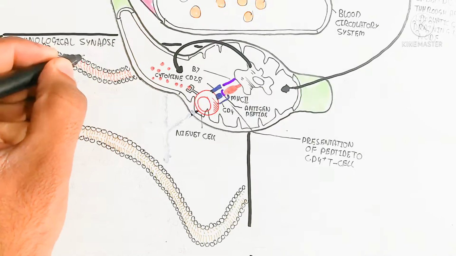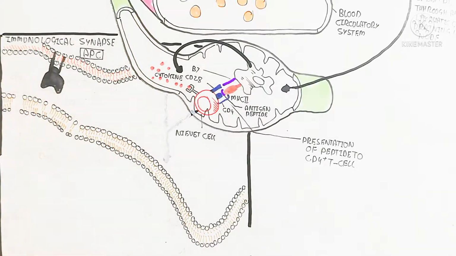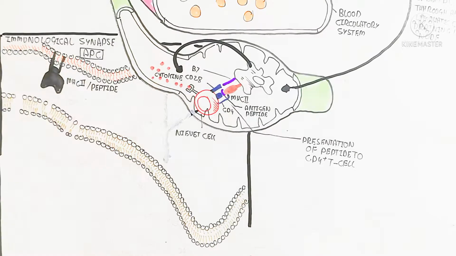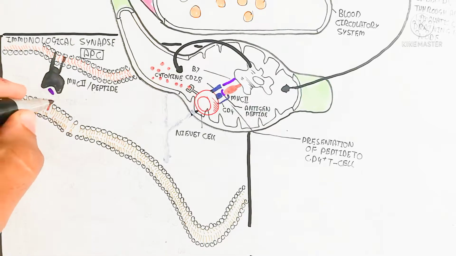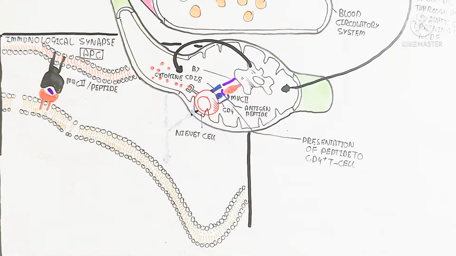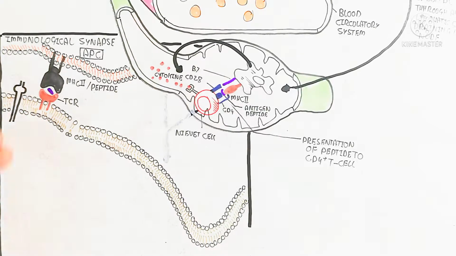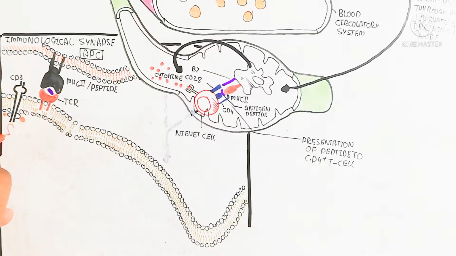Let's begin to understand the immunological synapse between the dendritic cell, the antigen presenting cell, and the T cell. Here is the MHC class 2 molecule, which presents the peptide piece of the antigen, and the T cell receptor receives it. Here is the CD3, which binds with another part that I am not drawing, but you should understand it.